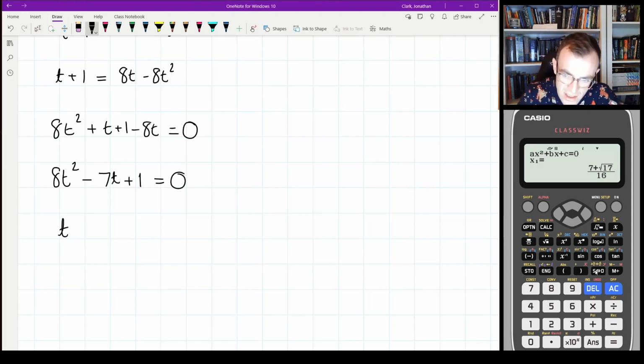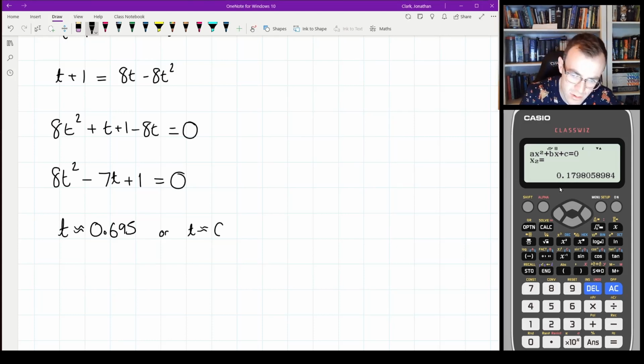So the t values are approximately 0.695, and the other one is 0.180.